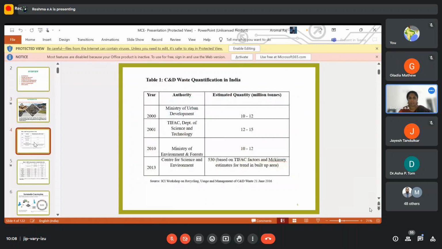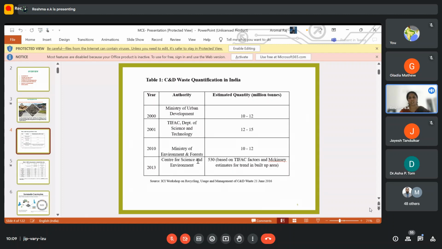So this is the only table which you can see in most of the papers. This workshop I had attended at IIT Madras in the year 2016. It was exclusively for construction and demolition waste, for any construction, not only for pavements.